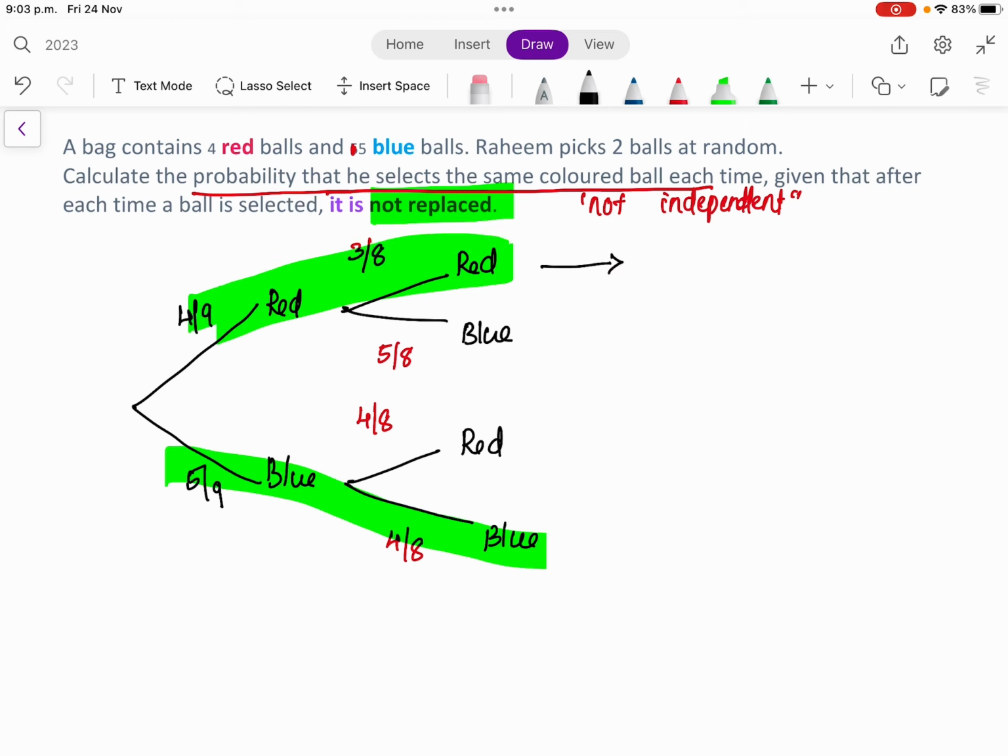The probability of the first is 4 over 9 times 3 over 8, and the probability of the second is 5 over 9 times 4 over 8. To find the combined probability, you just add both of these together. So it will be 12 over 72 plus 5 4s are 20 over 72. You just add it together and you will get the total probability.